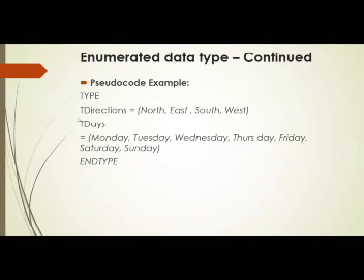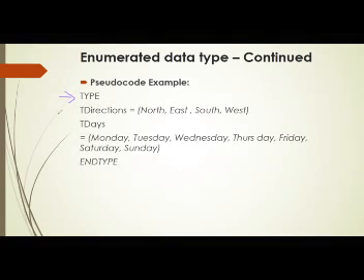In the pseudocode example, we would always start the type declaration with the keyword type. When we need to start defining a custom, user-defined data type, we would always define it by the word type.